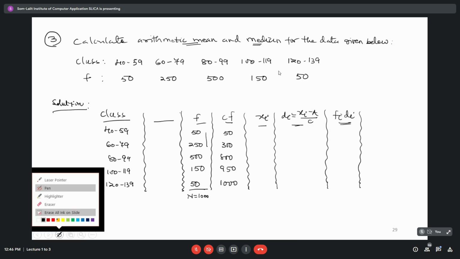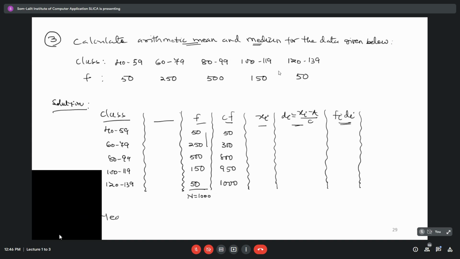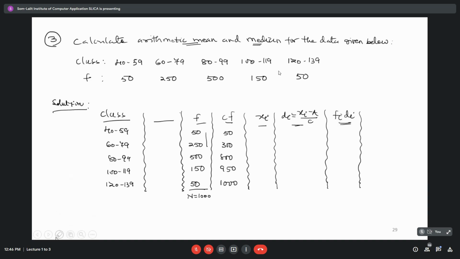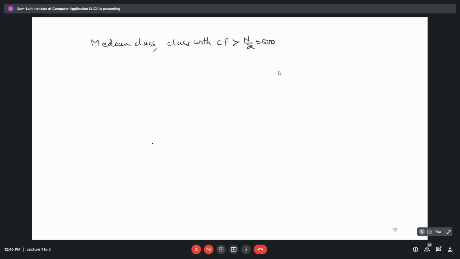Fine. Now we determine the median class. How do we get the median class? The median class is the class with CF just greater than n by 2. So just greater than 500. Which class has CF more than 500?